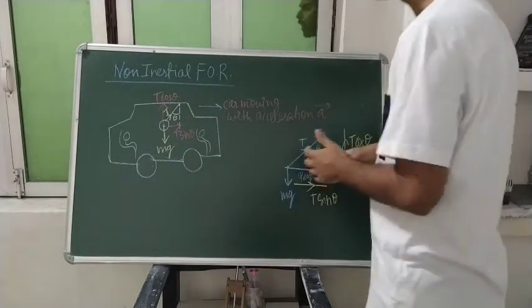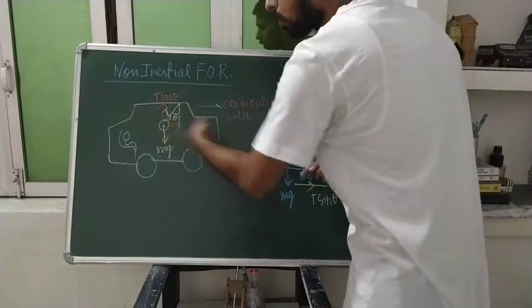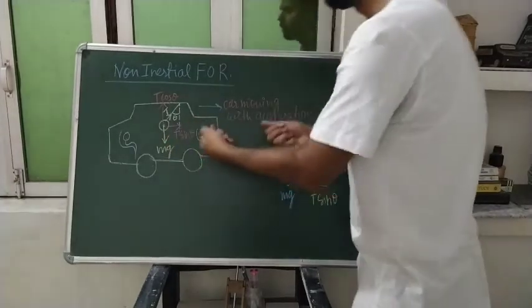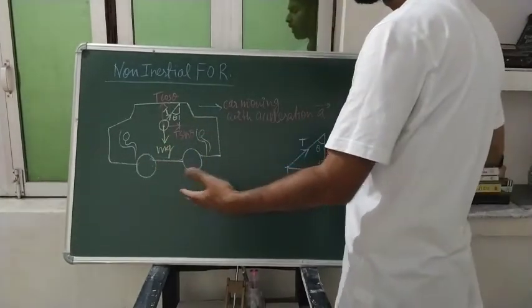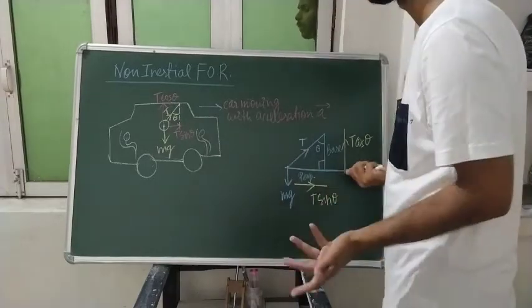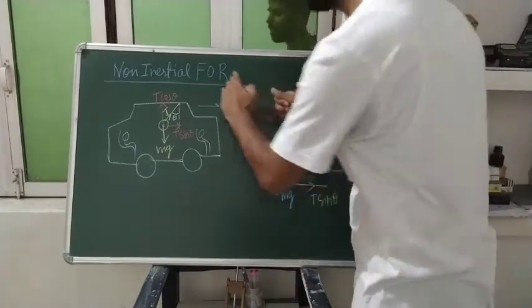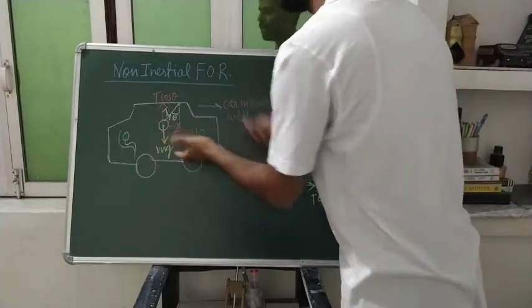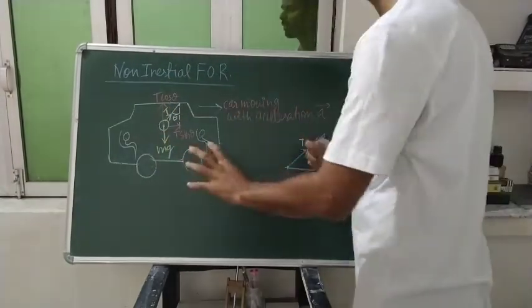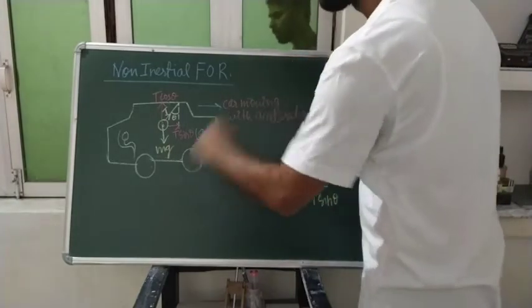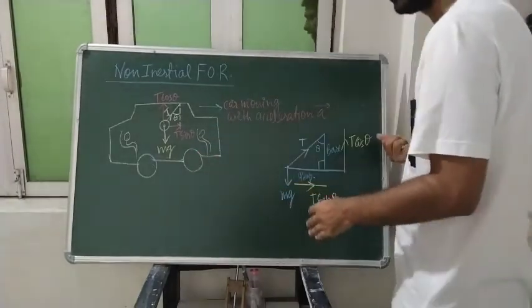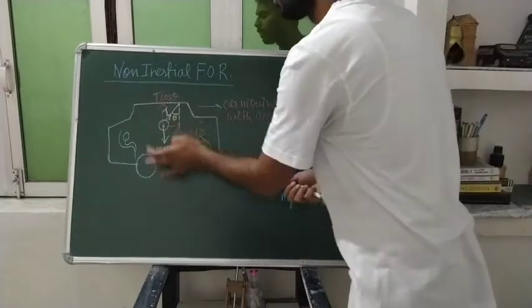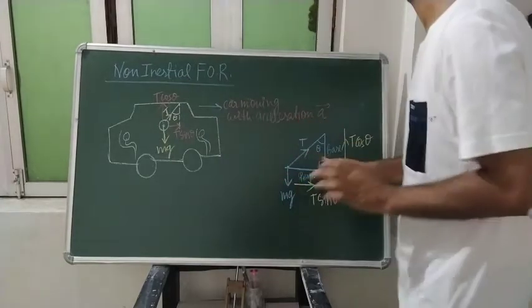When this force acts here, the bob should accelerate, but is it accelerating? No, it is not accelerating. It is at the same position at angle theta. A force is acting here, which is this T sin theta that is not balanced.